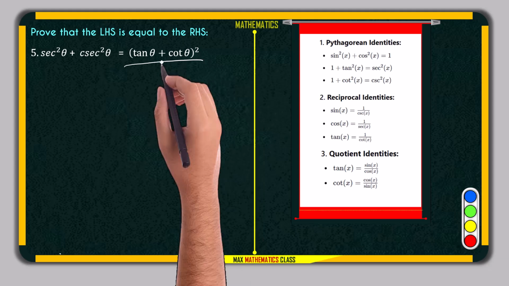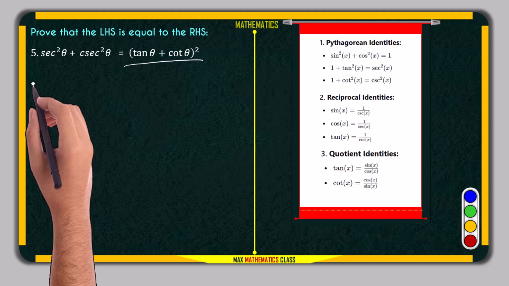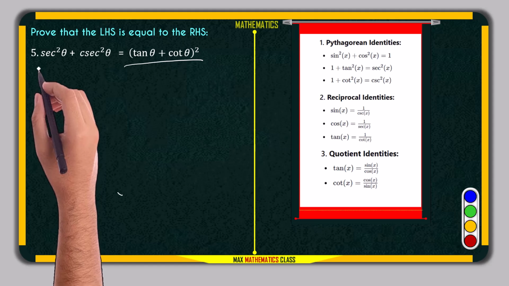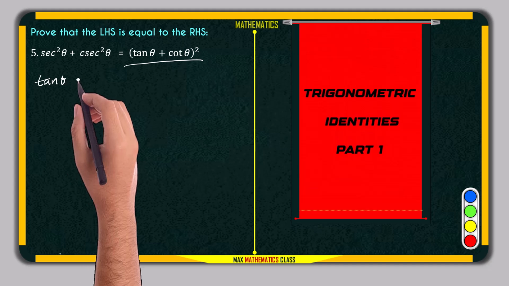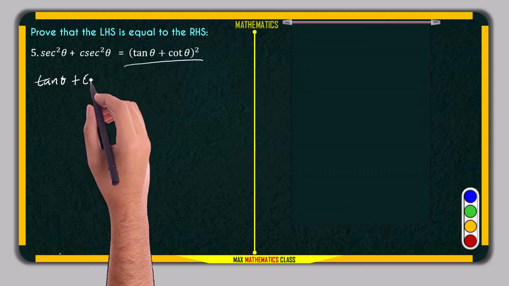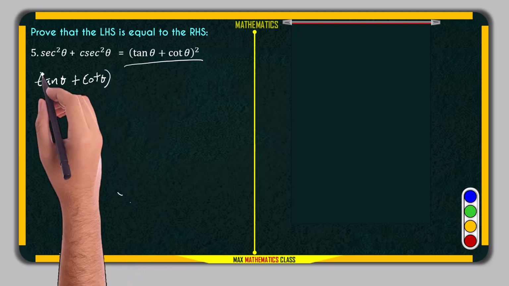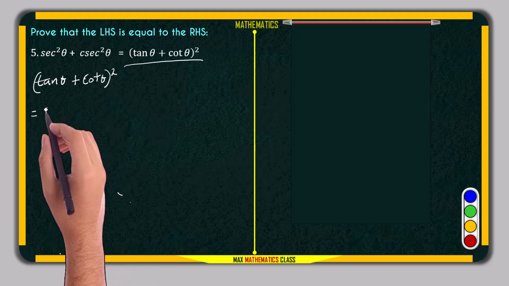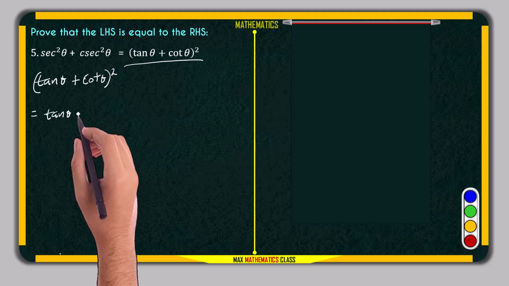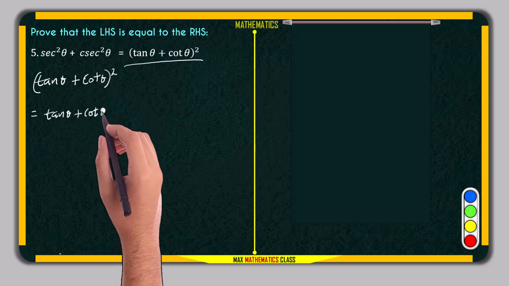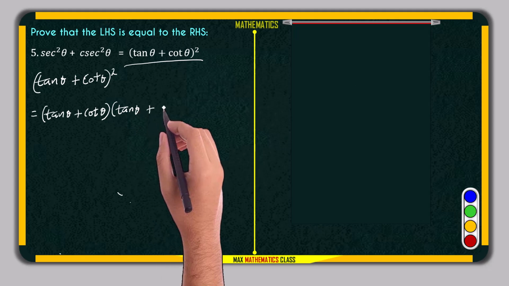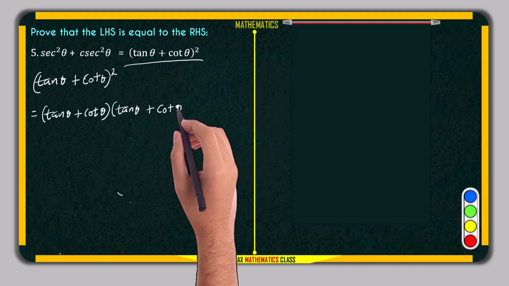So by expanding this one, we are going to have tan theta plus cot theta squared, which will be equal to the expansion here: tan theta plus cot theta times tan theta plus cot theta.